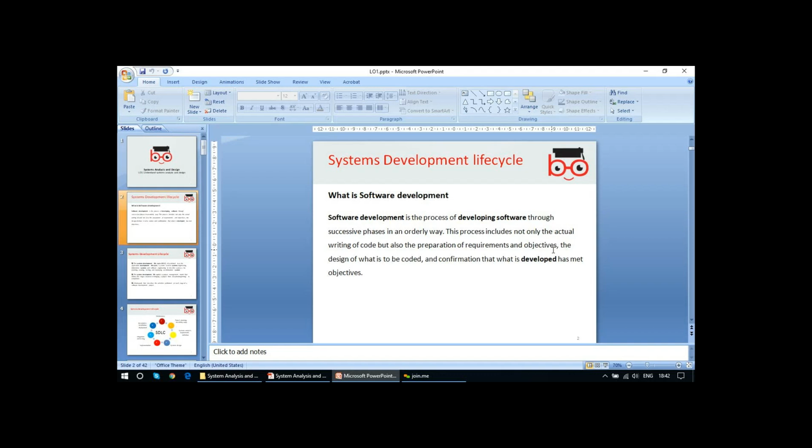it comes through a certain process, through the preparation of requirements and objectives and design of what is to be coded. So it is important. It's not enough to say that this is implemented; the design says what is implemented, and there is confirmation that what is developed has met the objectives.